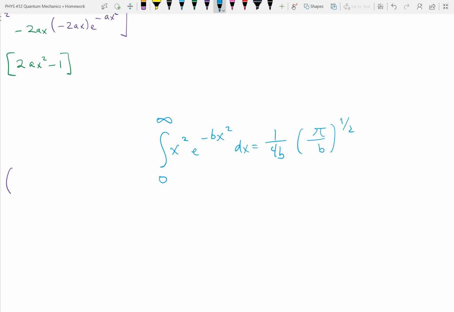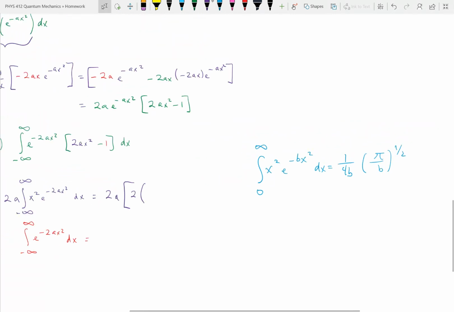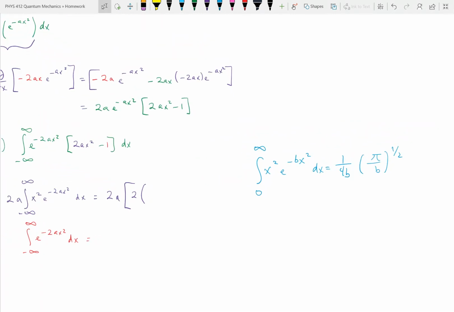So that's the integral form for the Gaussian integral. And I put in b's here so we don't get a and b confused. And then the other one.